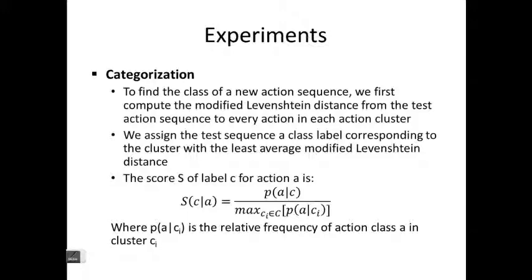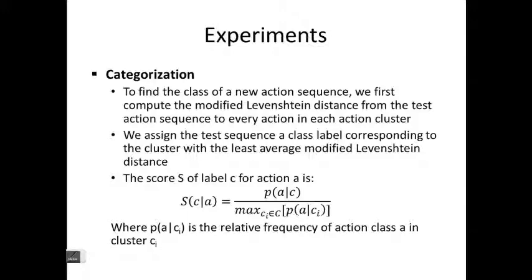Given a test action, we want to see what label we should apply to it. So we compute the modified Levenshtein distance that we described earlier from that test action to every action in our data set. You can think of it as finding the distance between that test action and all the actions within a given cluster, and then repeating that same procedure across all clusters of actions. Once we've done this, we can assign the test sequence a class label corresponding to the cluster where it has the least average modified Levenshtein distance.